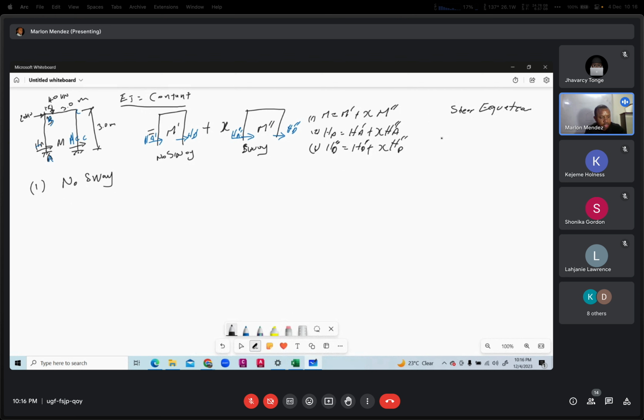So the shear equation is the P, that is acting, which is a load, plus the HA, which we have established there, plus, this is supposed to be D. This never was supposed to have a prime.